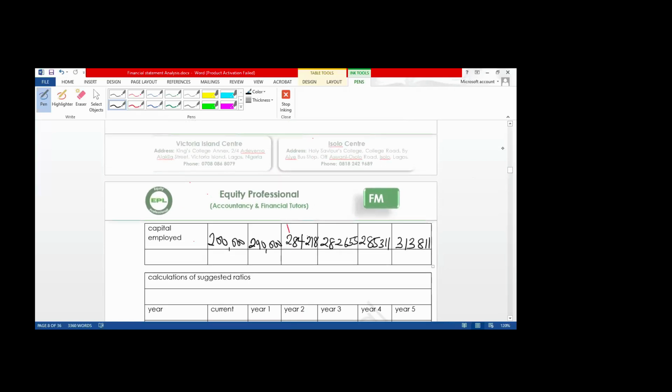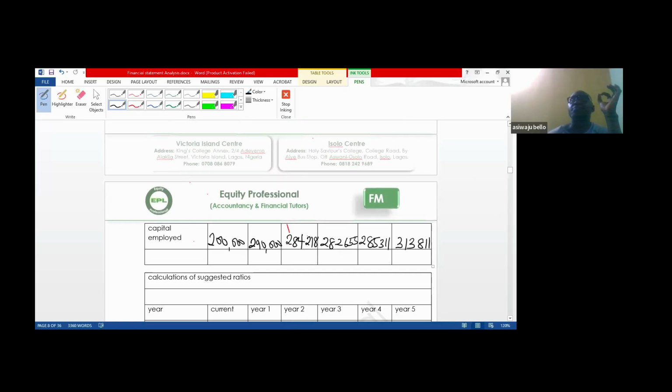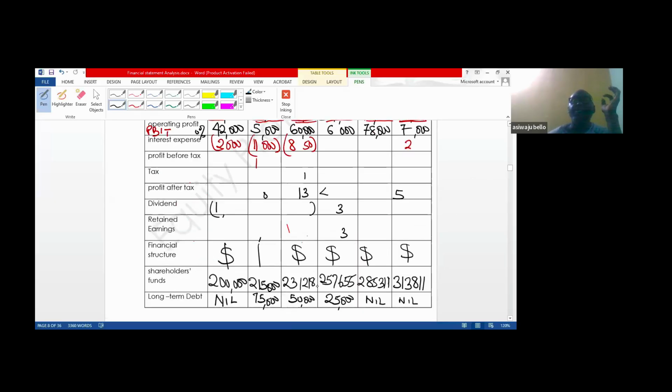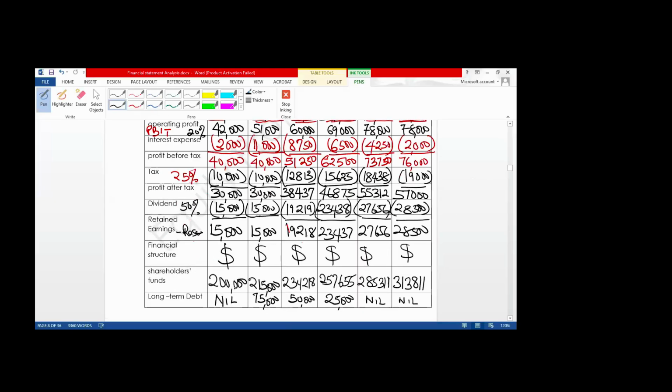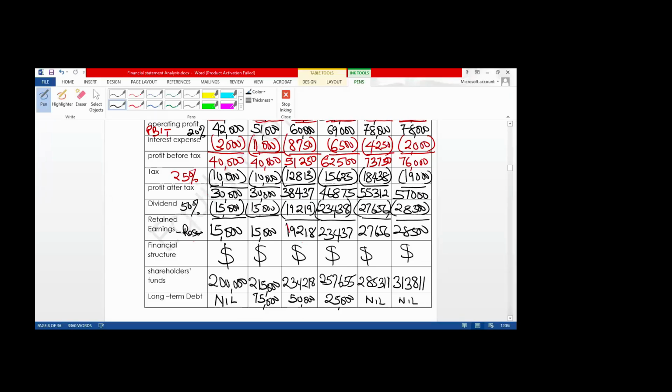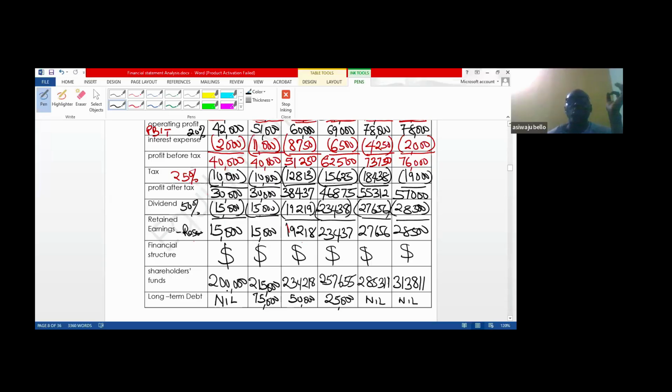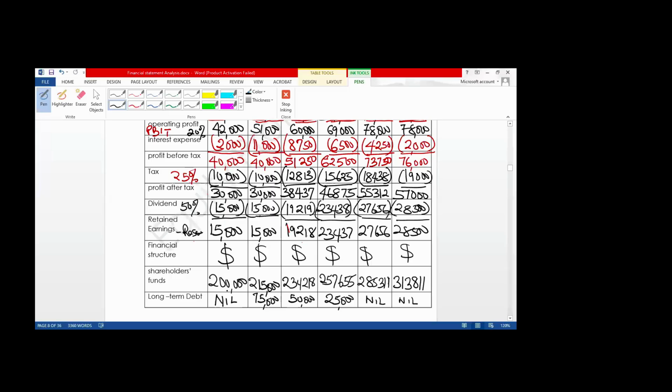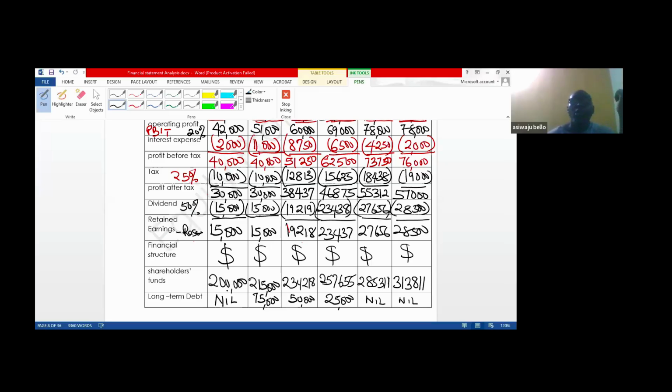Share capital plus reserves. In the current year, examiner says shareholders funds is 200,000. That is at the end of the current year.